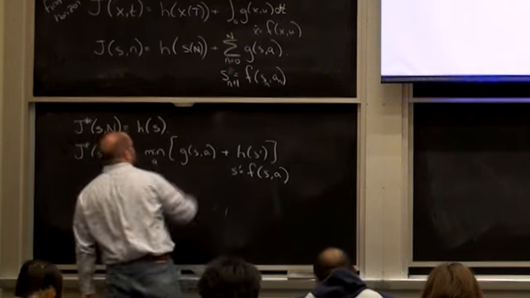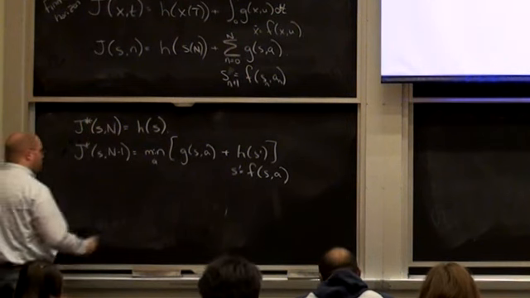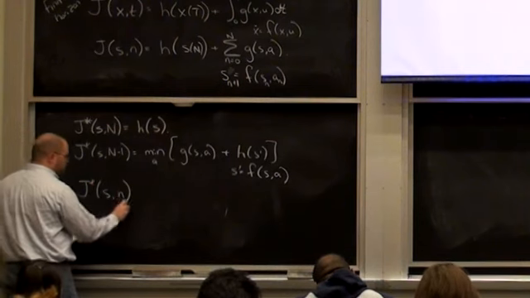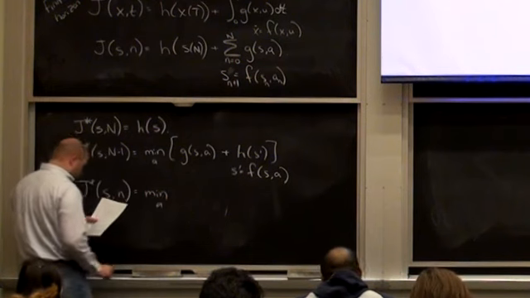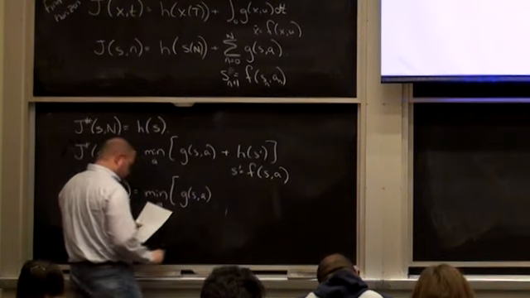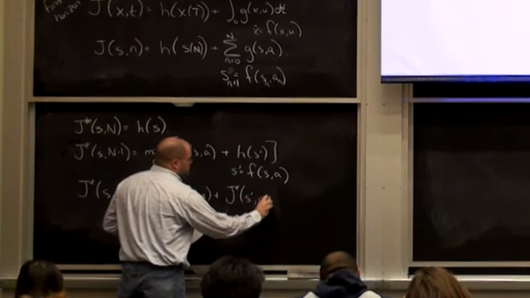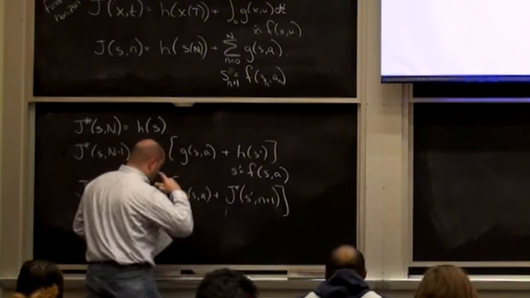I get one of these running costs, and then I get the final cost. And going backwards, we have this recursive form, which is min over a of g(s,a) plus the cost to go from s prime at n plus 1, using that same s prime.